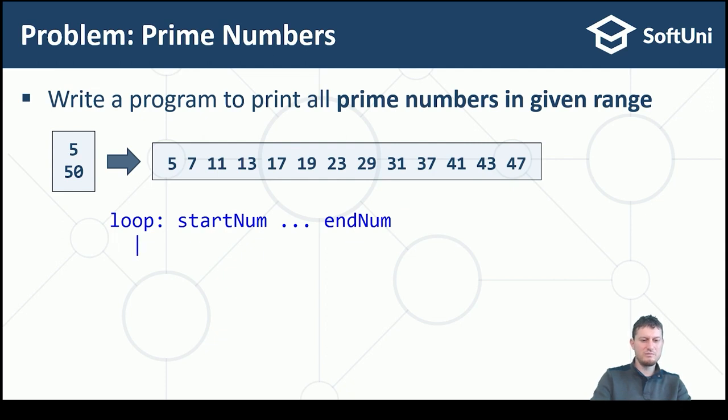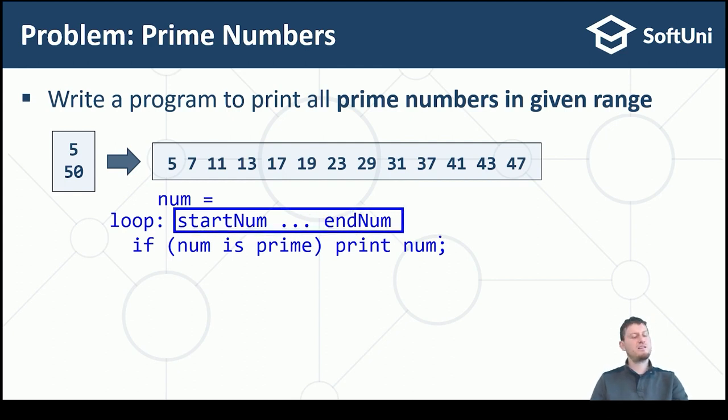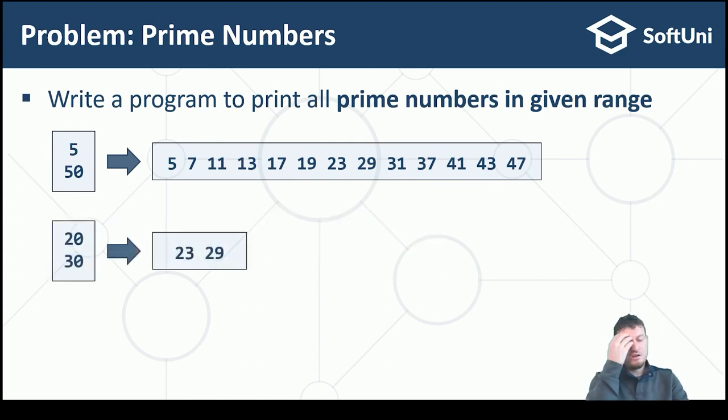And inside the loop, if num is prime, then print the number. This is not a code. This is the idea that we can use. Just have a loop, and for each number within the range, check whether it's prime or not. If the range is 20 to 30, 23 and 29 is the result.